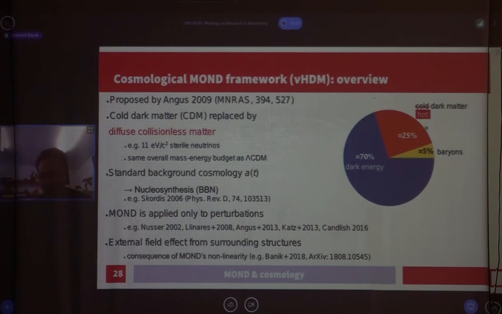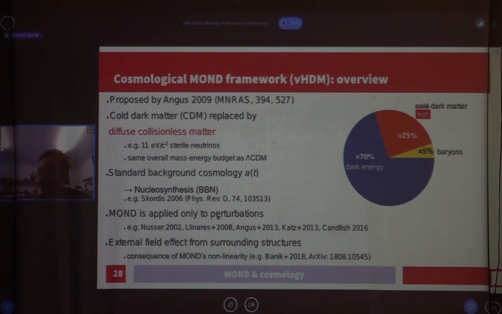The only difference is that instead of cold dark matter, we have hot dark matter. This would lead to the same overall mass energy budget. As far as the universe as a whole is concerned, that would create a standard background cosmology. You'd get standard primordial light element abundances.